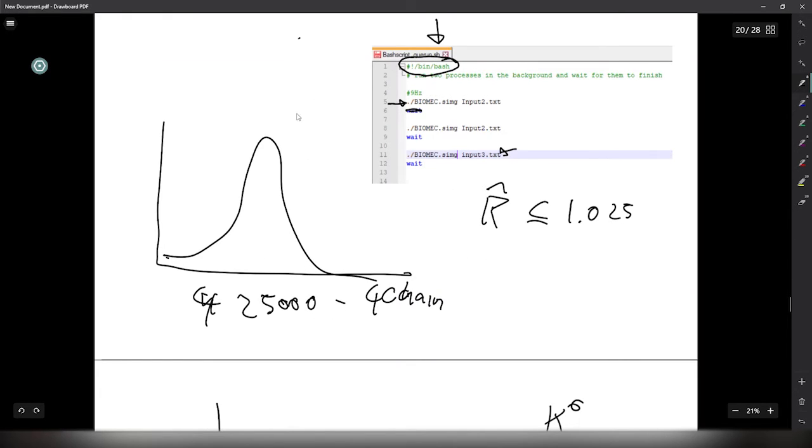And if you were to plot, say, R hat as a function of iterations, you might see that you only really need, say, 4,000 per chain. So that would be a total of 16,000. So if you only use 16,000, all your MECSim calculations will speed up nearly by a factor of 2.